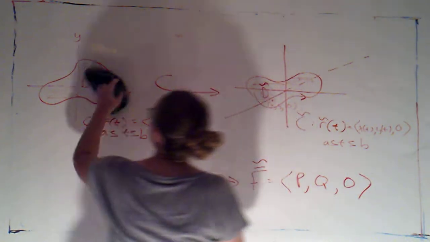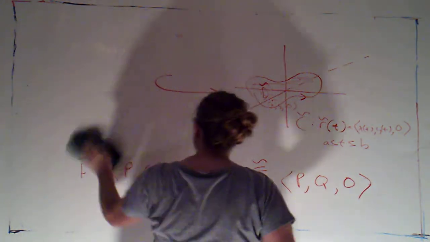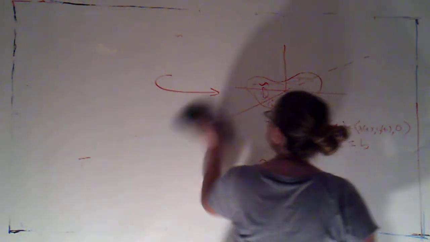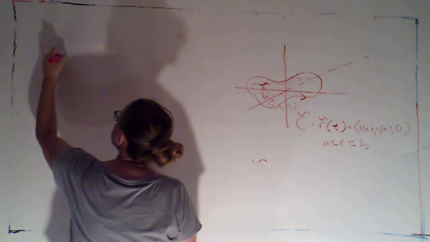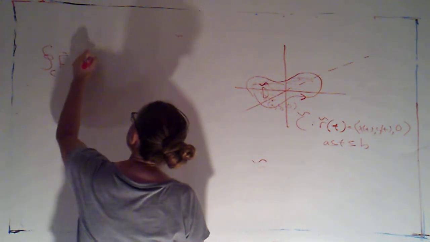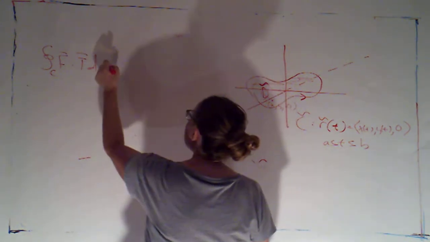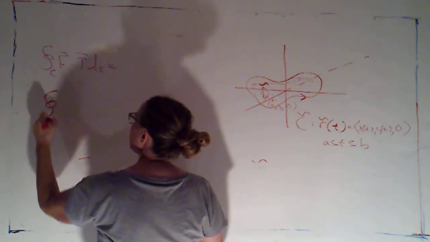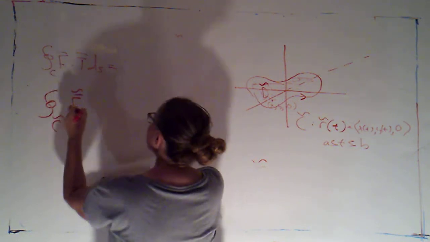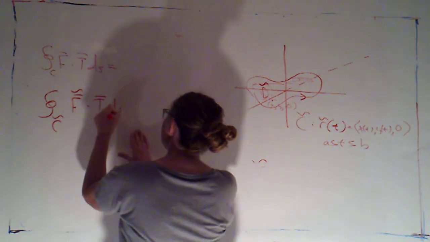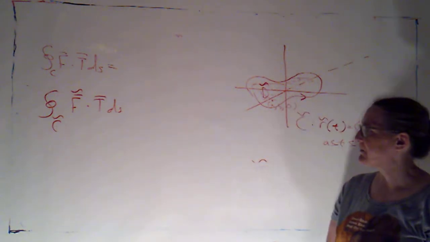So here's essentially what we're going to say. The integral along C of F dotted with T ds is going to be exactly the same as the integral along C tilde of F tilde dotted with T ds.